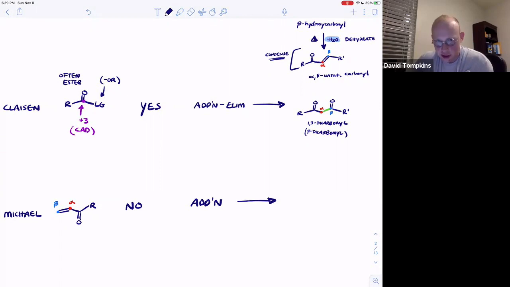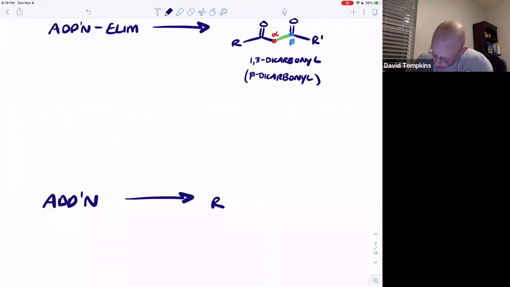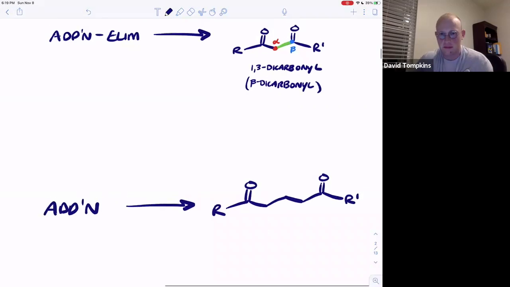So after addition, the Michael will give you this signature functional group, where you have two carbonyls, but they're much further apart than the Claisen product. Some nucleophilic alpha carbon has attacked an electrophilic beta carbon and made that new bond, but that beta carbon is next to another alpha carbon.